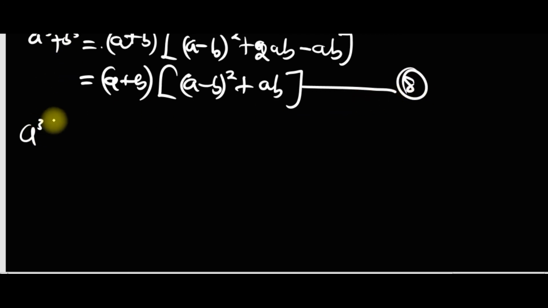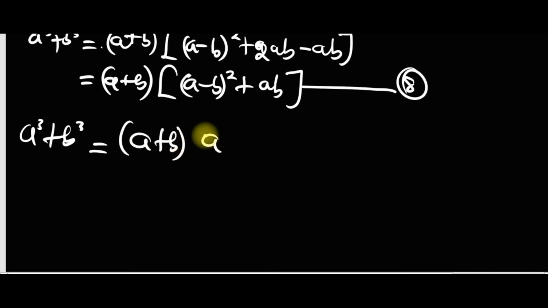So a cube plus b cube has 3 formulas. The first one is a plus b times a squared minus ab plus b squared. That's the first one.